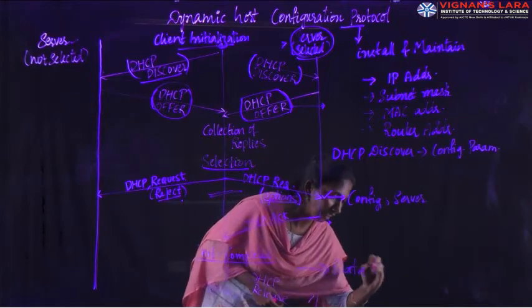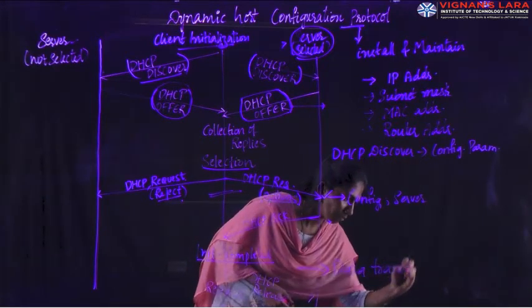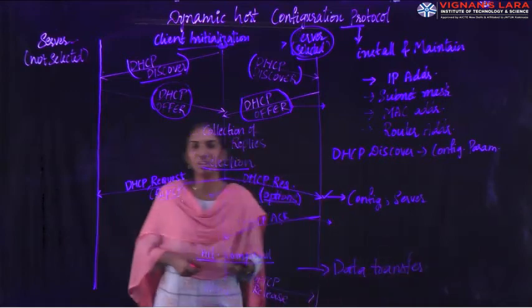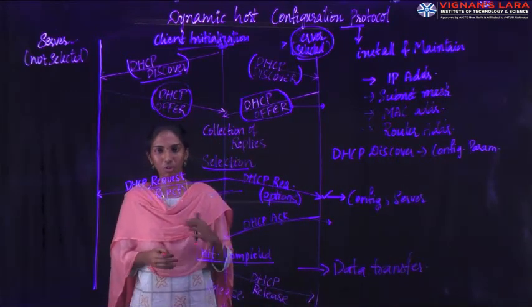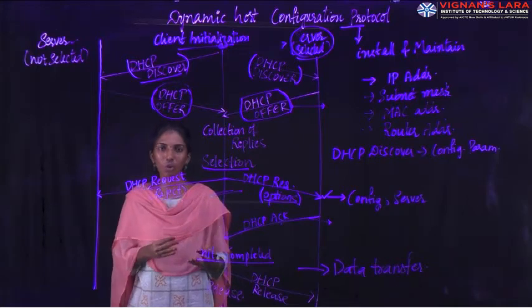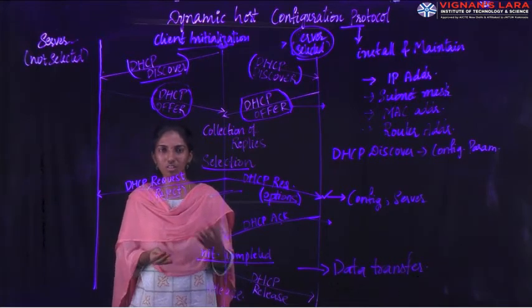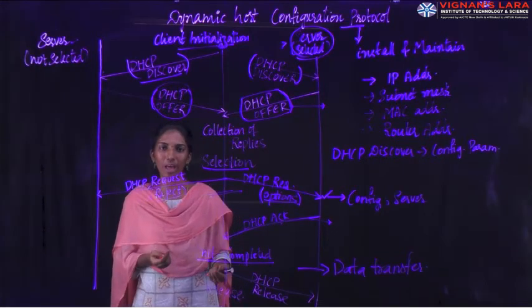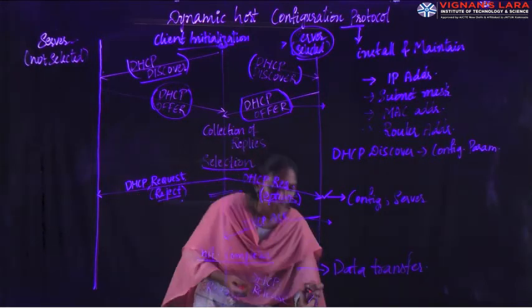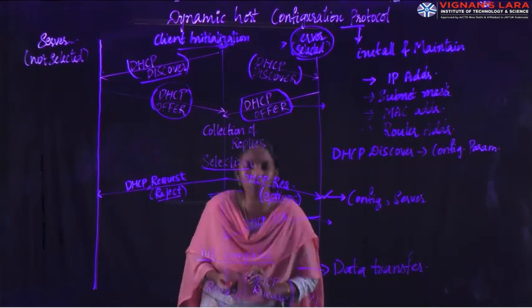The data transfer is nothing but browsing of data, or whatever the client does that relates to data transfer. Now if we want to move away from the network, if we want to disconnect from the LAN network, we simply remove the cable. At this stage, DHCP release comes into action.